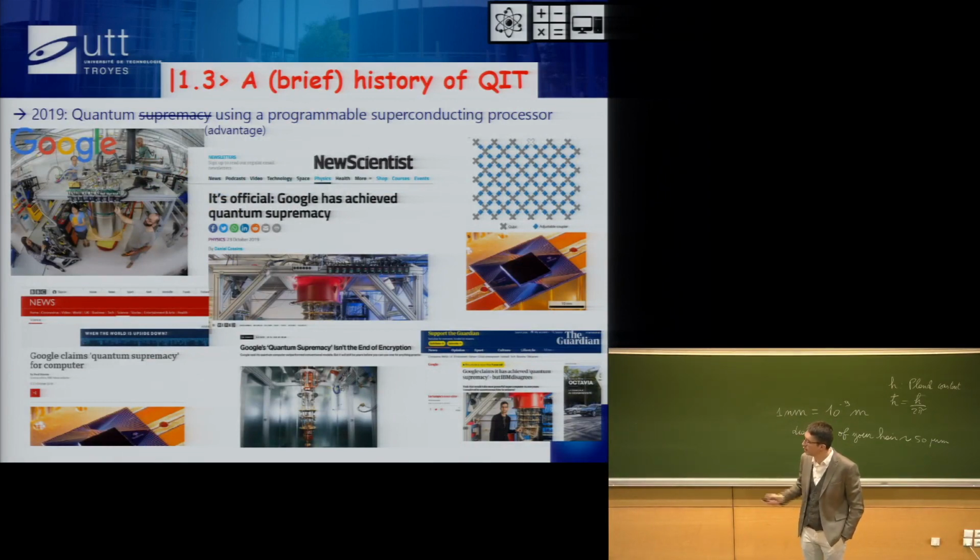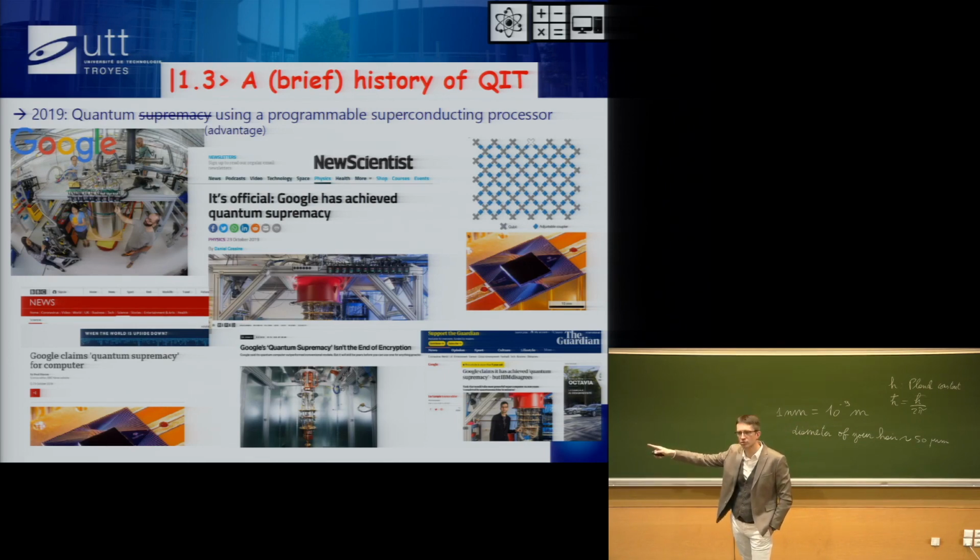You see a picture here. This is the chip where you have all these superconducting qubits. For the first time, they showed in this article that what they realized with their computer was more powerful than any classical supercomputer that exists on Earth at the time. Okay?